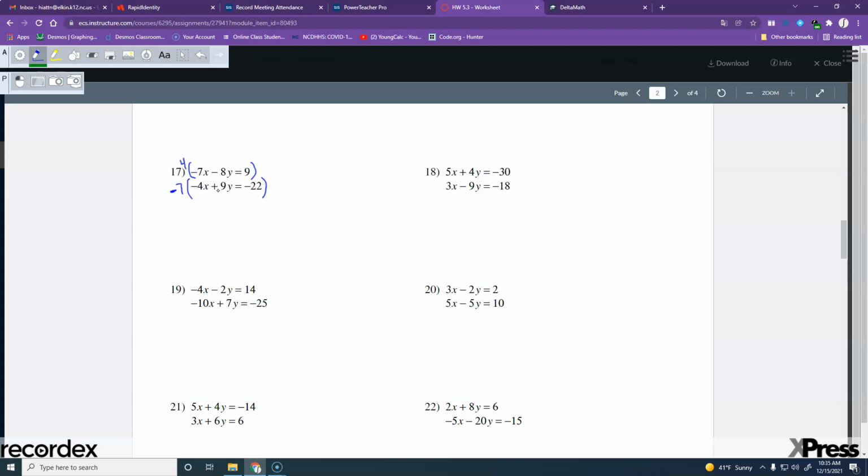So when you do this, you have to multiply every number in the equation. So we'll get negative 28x minus 32y equals 36.